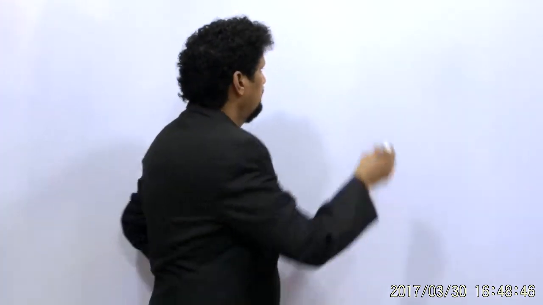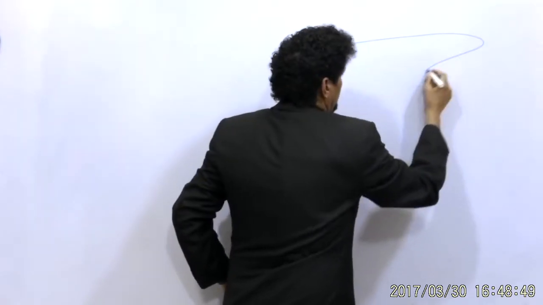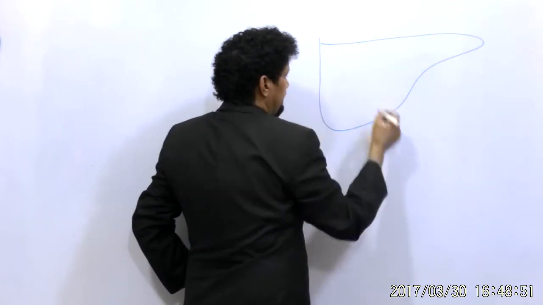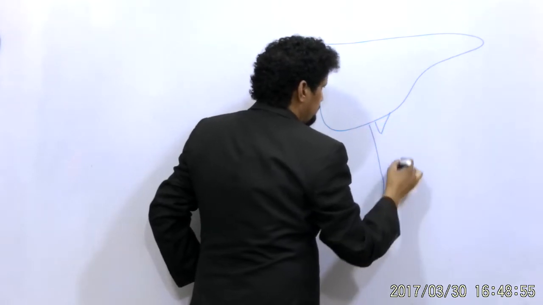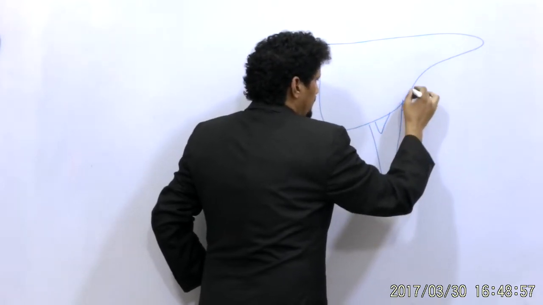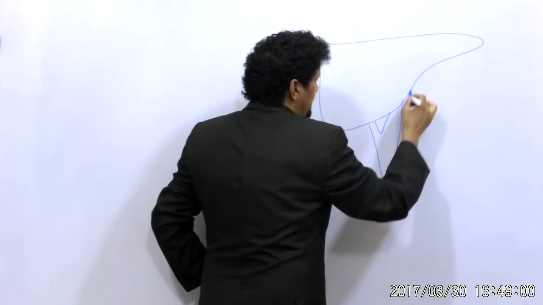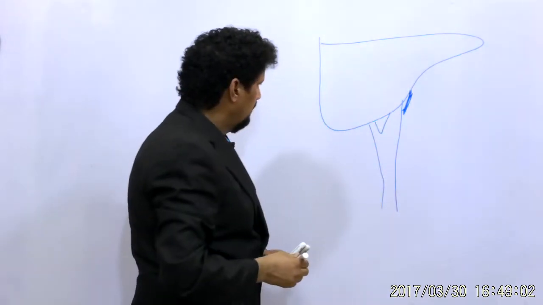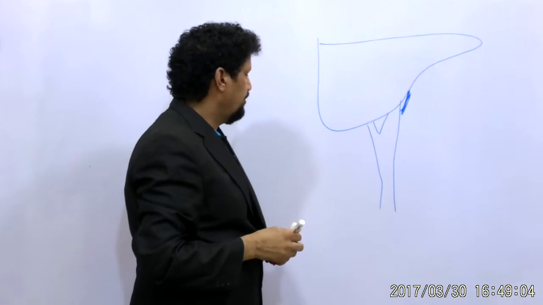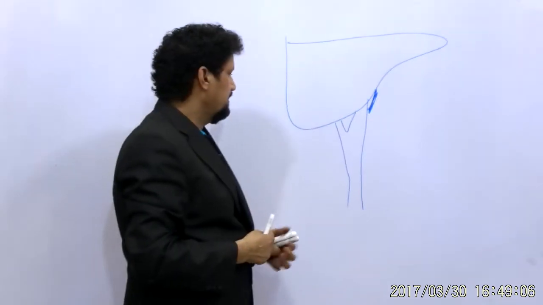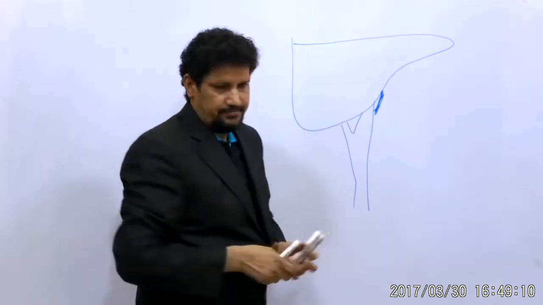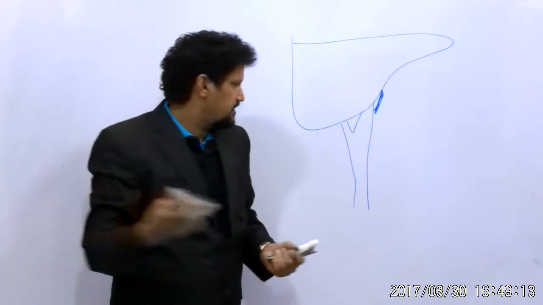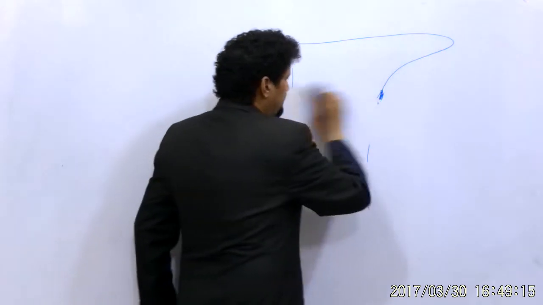In some cases, or rarely, the left part is connected to the ligamentum venosum. It is the ductus venosus during fetal life. So, sometimes there is a patent ductus venosus, which is very rare. So, these are the tributaries of the portal vein.